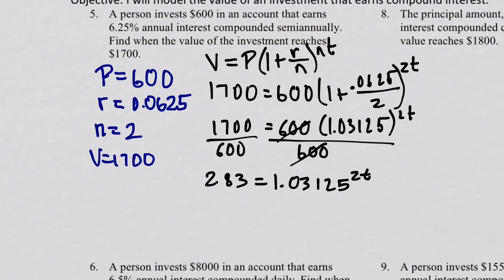Let's leave it at 16.9. T equals 16.9 years. This account, $600 invested, will grow to $1,700 in 16.9 years.